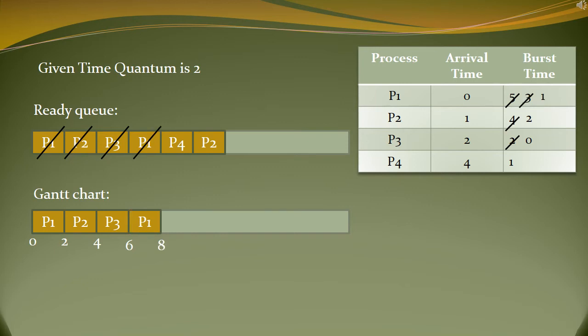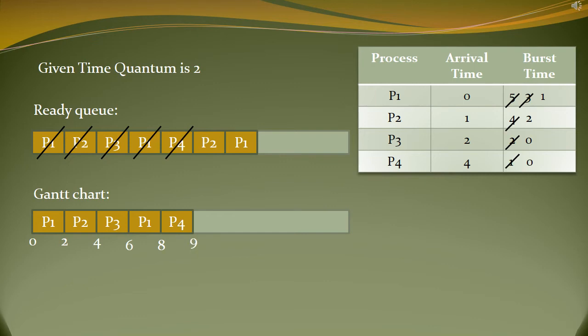Now from the ready queue, P1 is transferred to the running queue or the Gantt chart and will be executed for the time quantum 2. And again 3 minus 2 equal to 1 millisecond will remain after this execution. Now here again the context switching happens by saving P1 for later use in the ready queue.